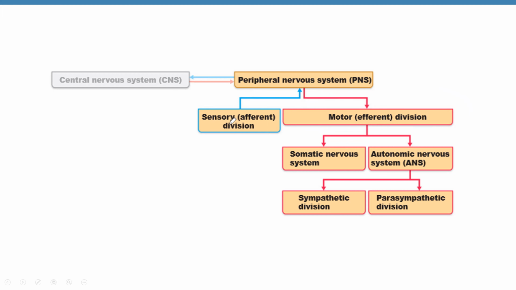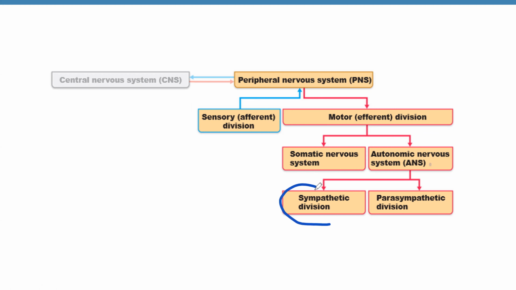Now, another name for sensory division is afferent, and for motor is efferent. Now, the motor division is divided into the somatic nervous system that innervates your skeletal muscles and the ANS, autonomic nervous system, that innervates cardiac muscles, smooth muscles, and glands.